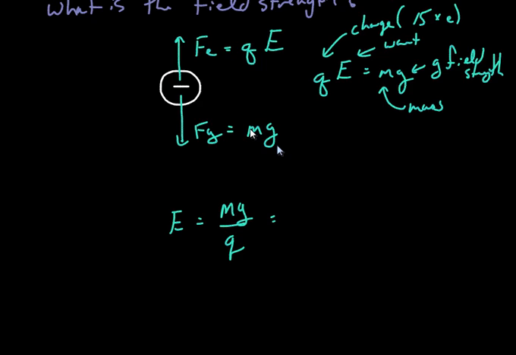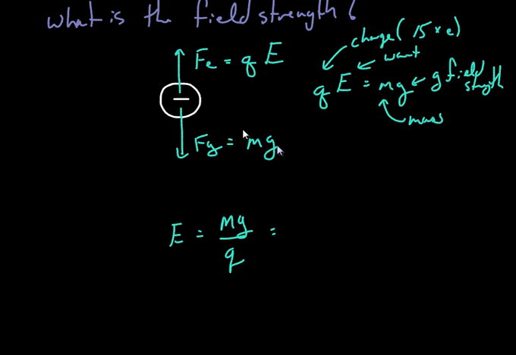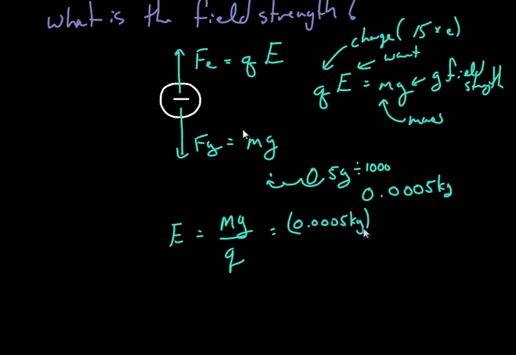So mass-wise, I think we said it was 0.5 grams, didn't we? Yep. So 0.5 grams is 5 by 1,000. So 1, 2, 3. 0.0005 kgs times g, 9.81 meters per second squared.